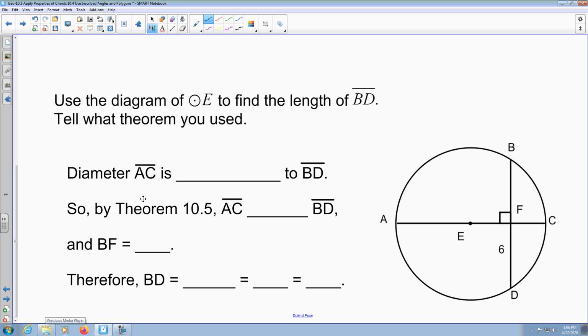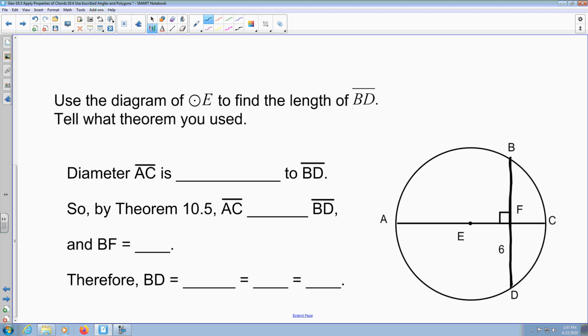Hopefully being able to apply these, it says use the diameter of circle E to find the length of line segment BD. BD is right here. And it says tell what theorem you use.